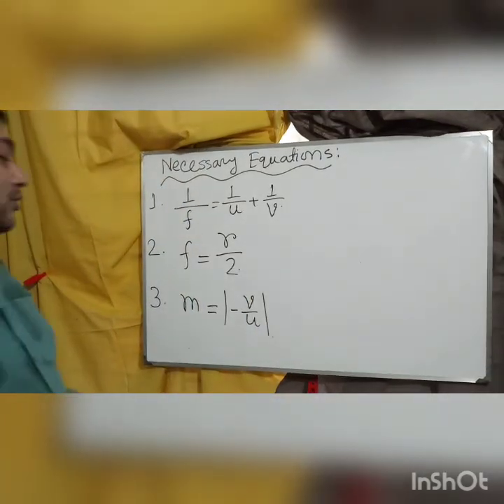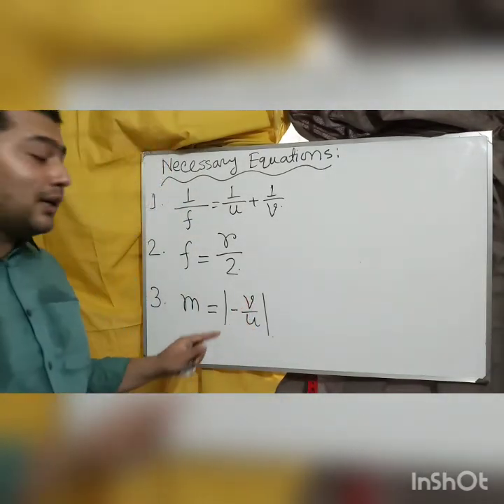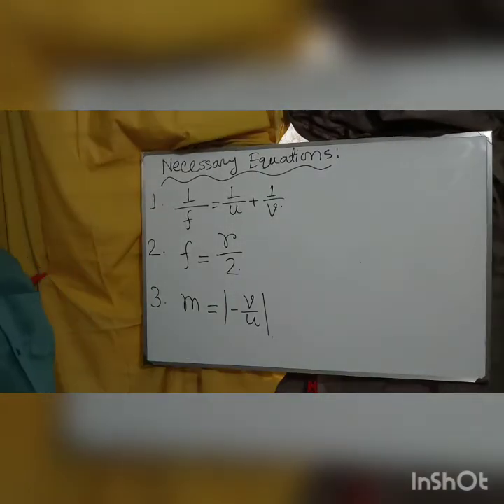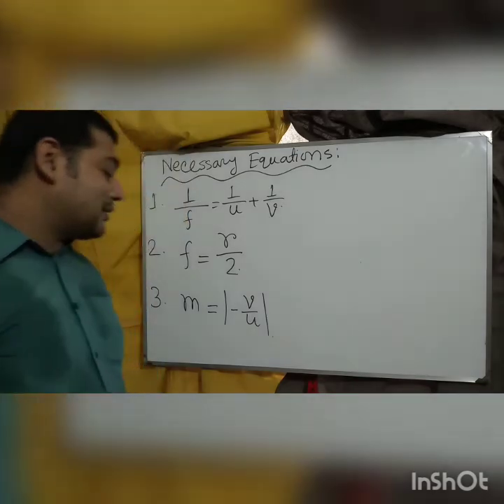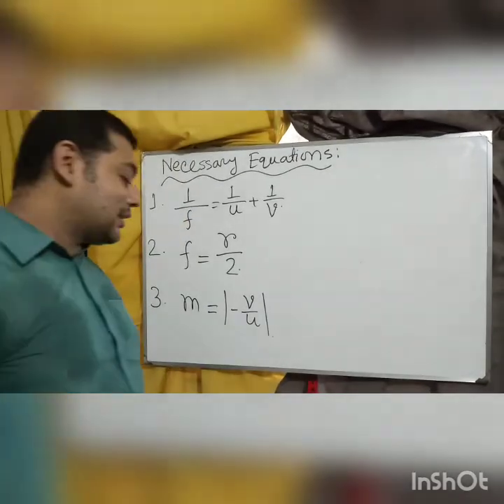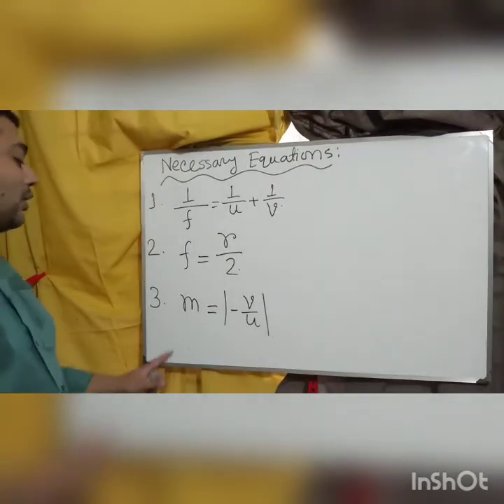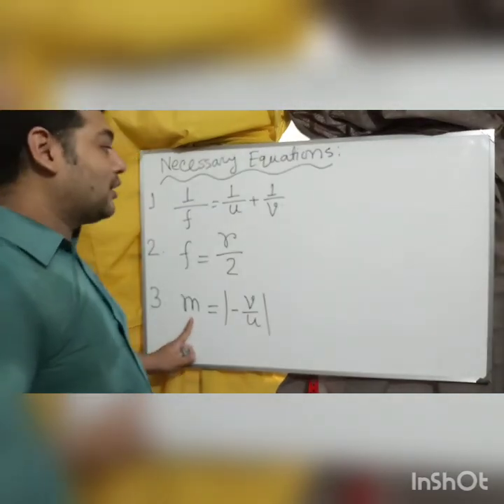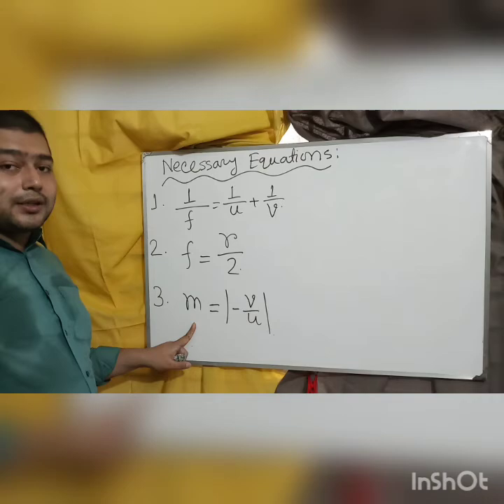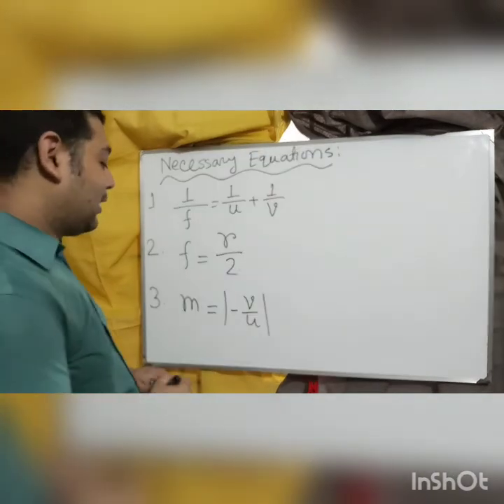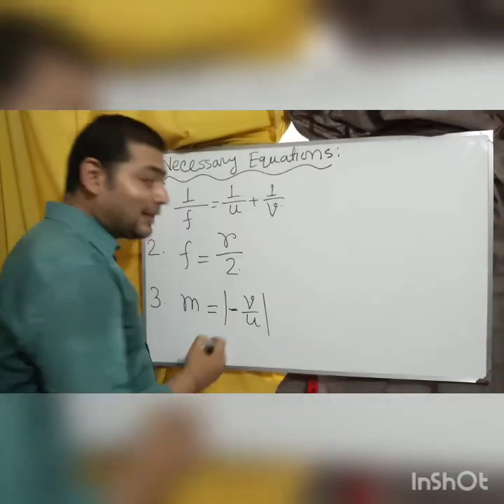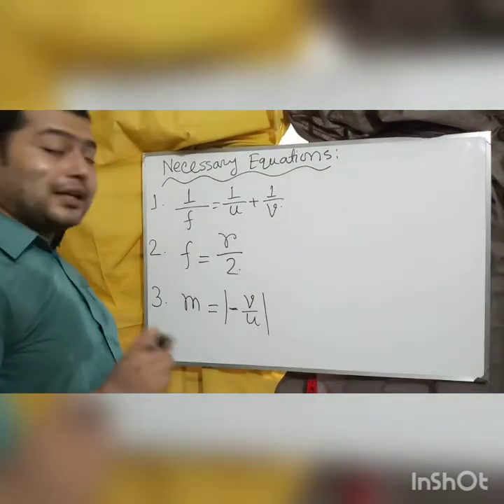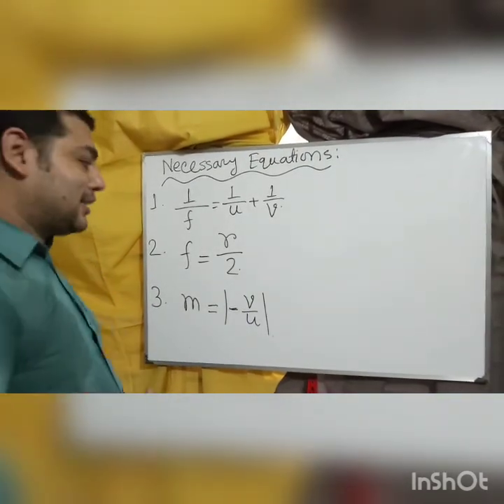So the ratio of the distance of the image and the distance of the object is called the magnification. Here we use minus for an inverted image, and we use plus for an erect image.